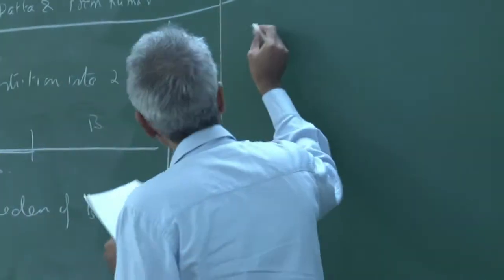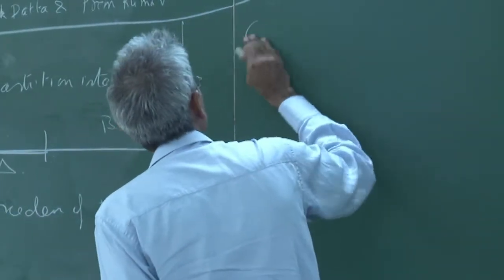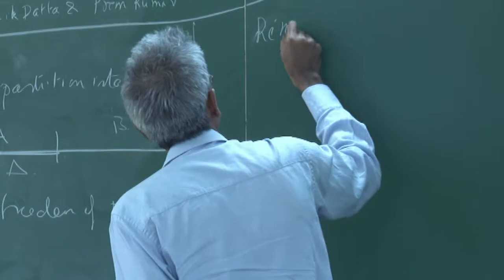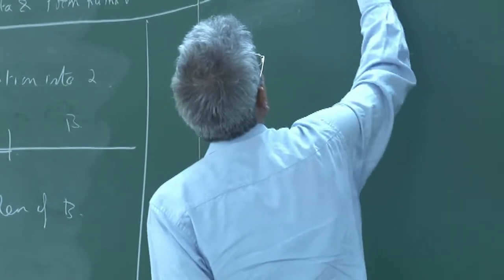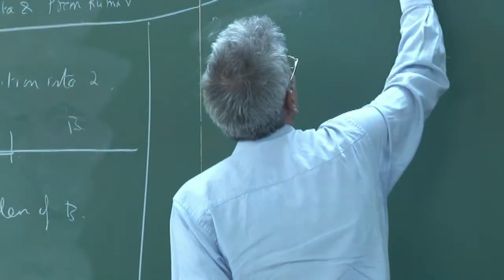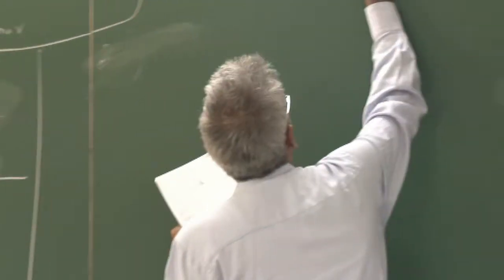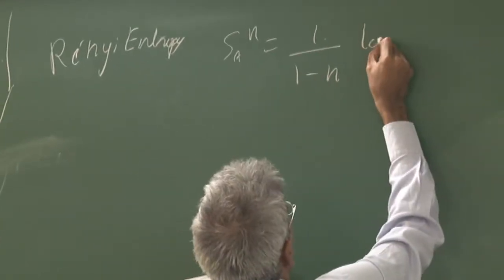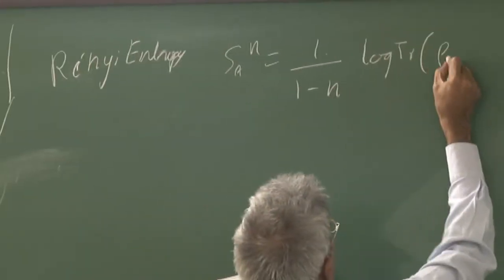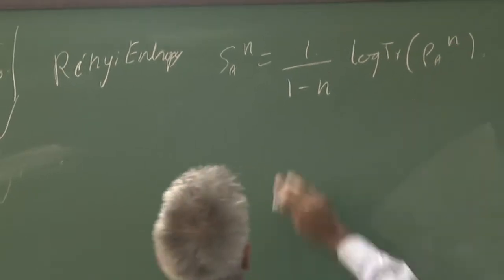As we saw in the previous talk, there is a closely associated concept, the Renyi entropy, which was defined as S_A^(n) = 1/(1-n) log trace rho_A^n.